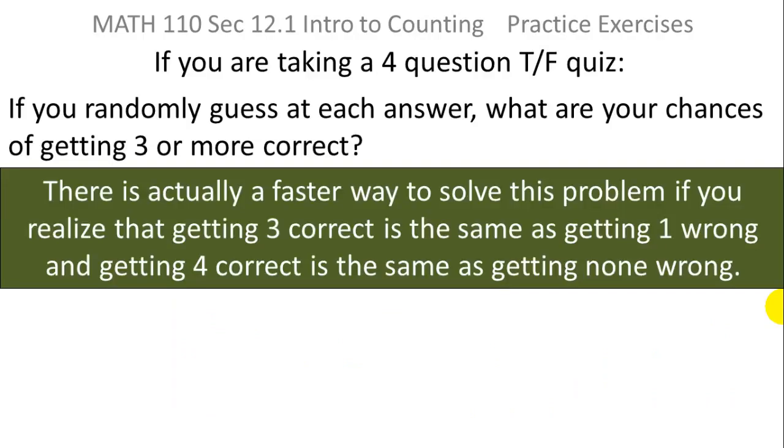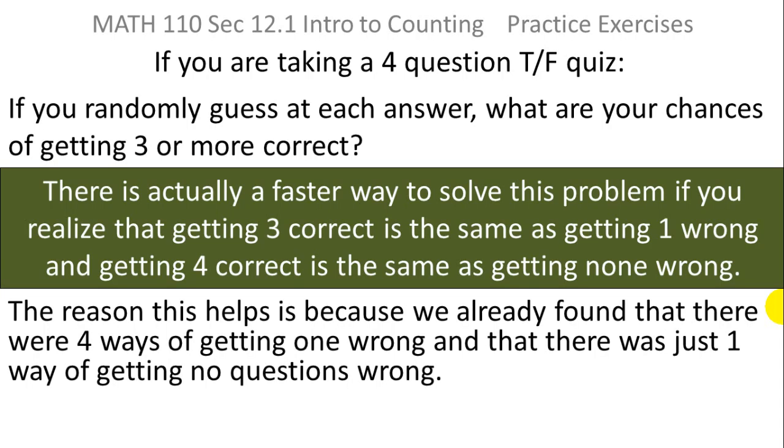I do want to mention, though, that there is a faster way to solve this problem if you realize that we really have already answered the question and just didn't realize it, because when it says getting 3 correct, that's the same as getting 1 wrong, and we had already answered that in an earlier question. And getting 4 correct is the same as getting none wrong, which we'd already answered.